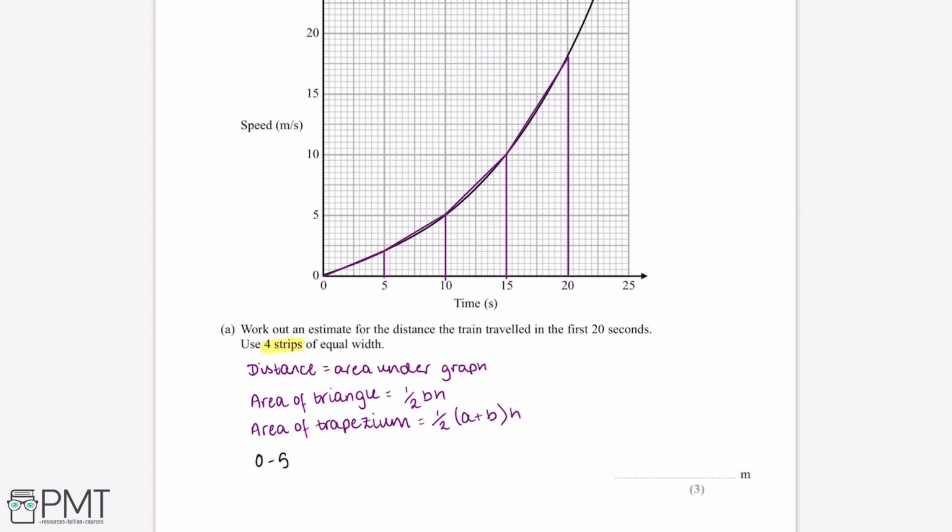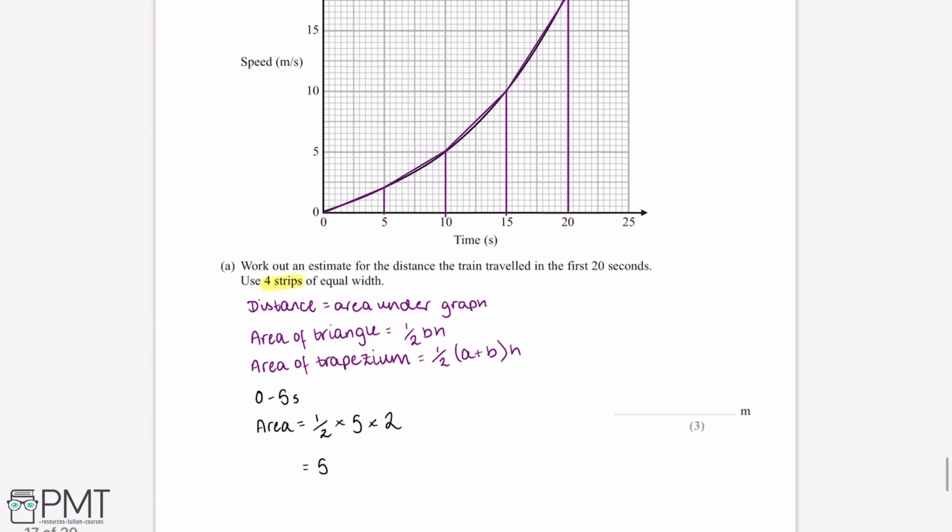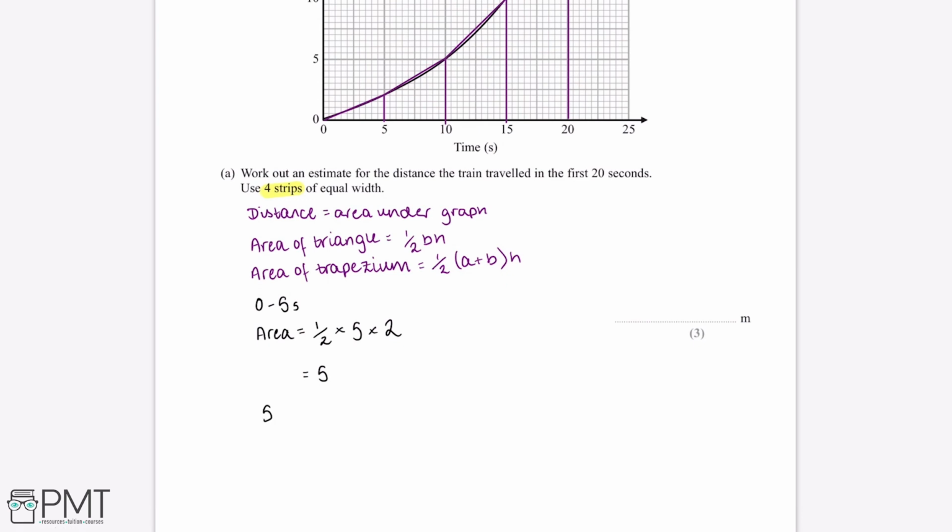So if we start off with the time between 0 and 5 seconds, the area will be equal to half multiplied by 5 multiplied by 2, which gives us an answer of 5. So for the time between 5 and 10 seconds, our area will be equal to a half multiplied by 2 plus 5, which is the sum of the parallel lines, multiplied by the height between them, which is 5.